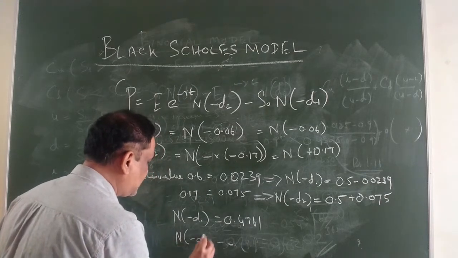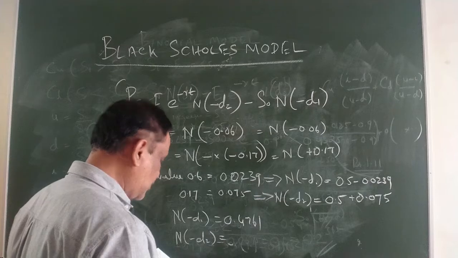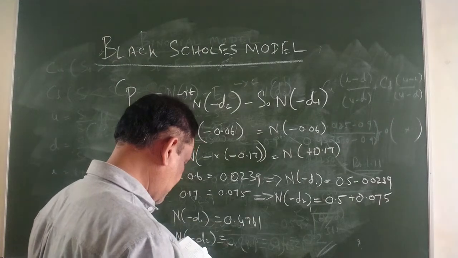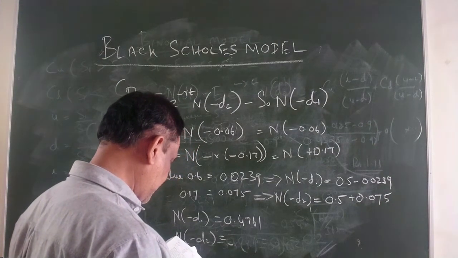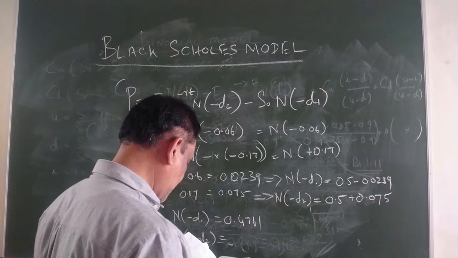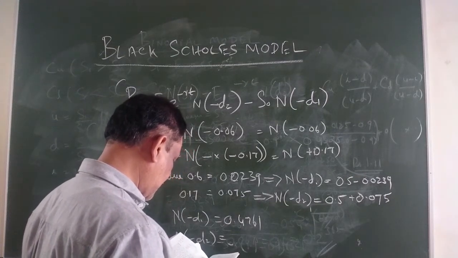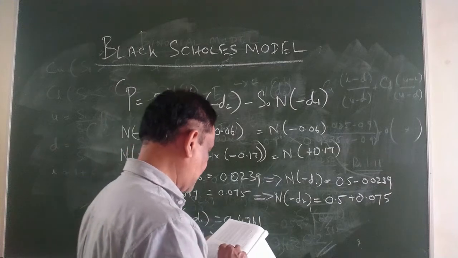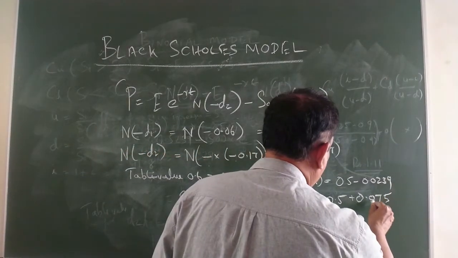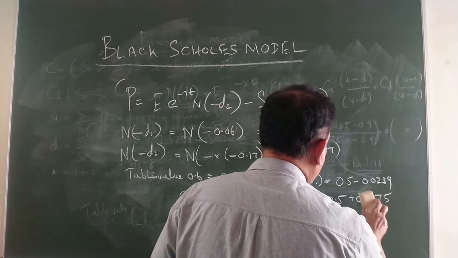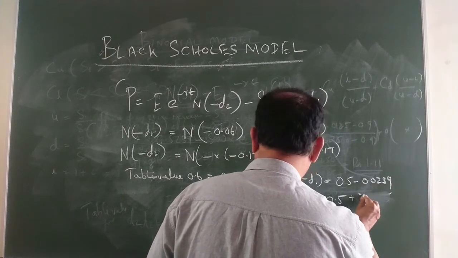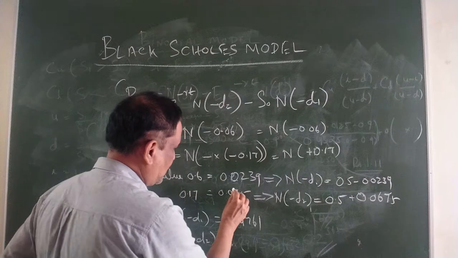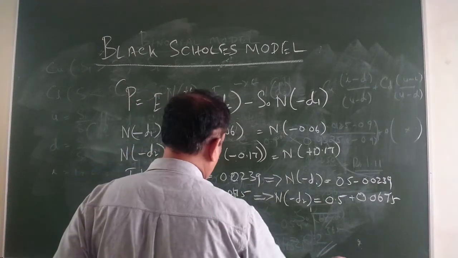N of minus D2 will be, I've made a small mistake, it is 0.0675.